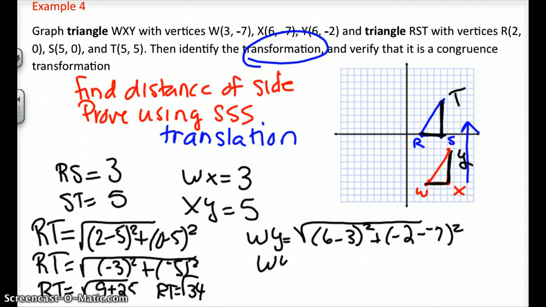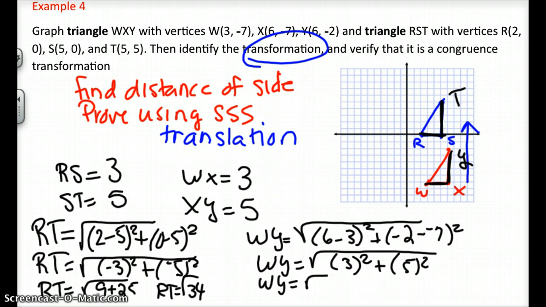So WY square root, that's going to be 3 squared, plus a -2 plus 7 is 5 squared. Okay, this is making me happy because I'm getting the same numbers. WY square root 9 and 25. So my WY is also square root of 34. I'm proving that my transformations are congruent transformations, and so again 34 cannot be simplified.